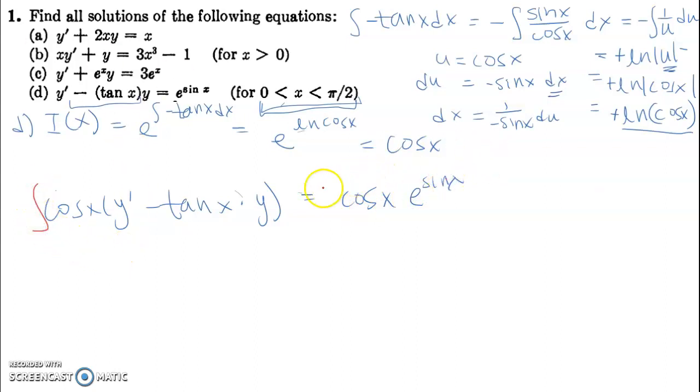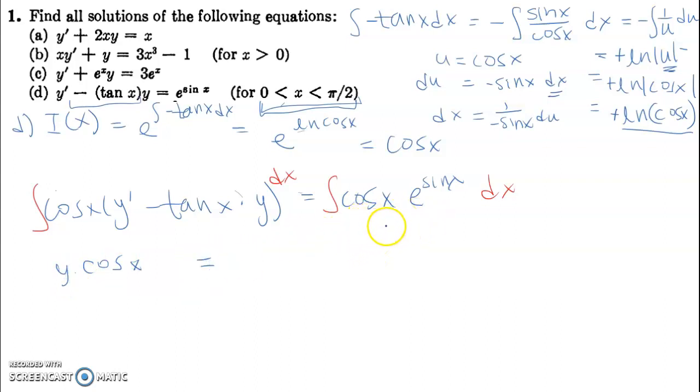Next step is to integrate both sides and apply d of x. So our left-hand side is going to work out nicely as cosine of x times y. This is going to equal to, now let's take a look at this side.